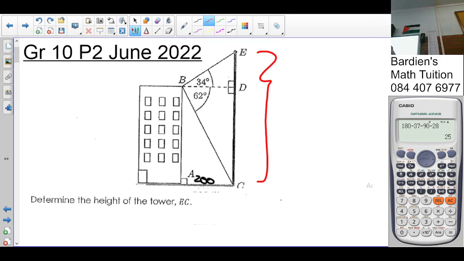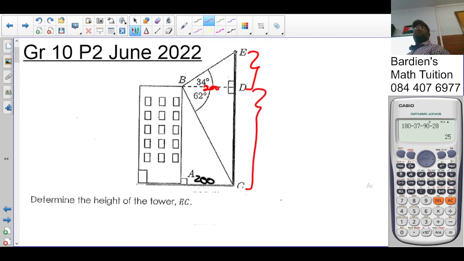However, remember this is 200, so from there to there is also 200. So what can I calculate first? We calculate DE and then DC, because those are in right angle triangles. Then we can add them together and we'll get the whole length of EC.